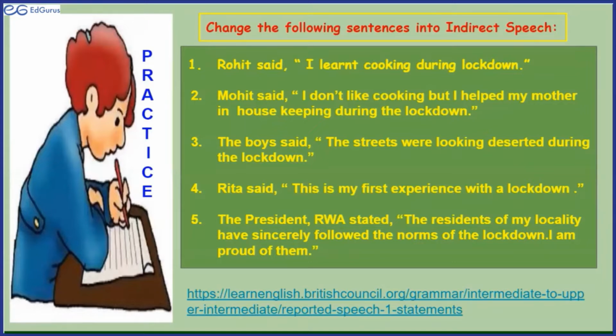Very good. Good going. Mohit said, I don't like cooking, but I helped my mother in housekeeping during the lockdown. Do it very carefully because there are two actions.